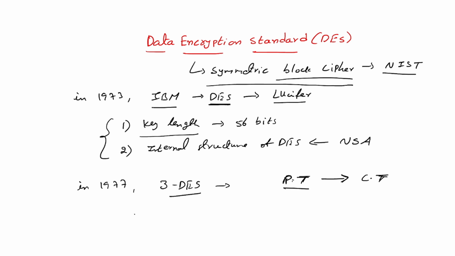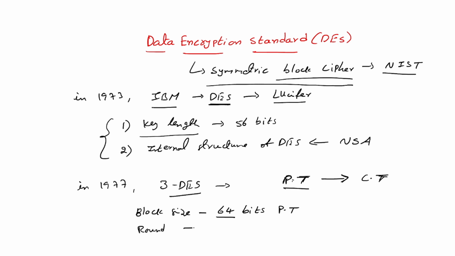So it is a block cipher. What is the block size of DES? The block size is 64 bits. The plain text will be divided into blocks, and each block contains 64 bits. Next, rounds.